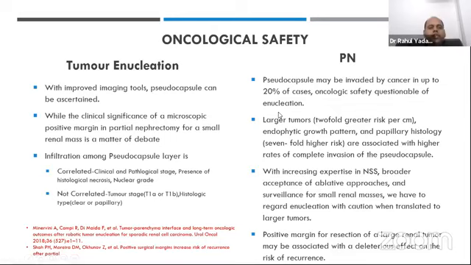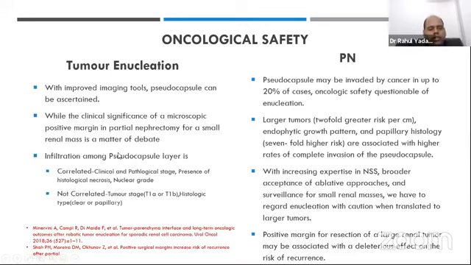Coming to the oncological safety, with tumor enucleation and the improved imaging tools, the pseudocapsule can easily be ascertained. This group advocates that the significance of microscopic positive margins in small renal masses is always a matter of debate. So why are we worrying so much about a small microscopic positive margin, even if it comes up in tumor enucleation patients?